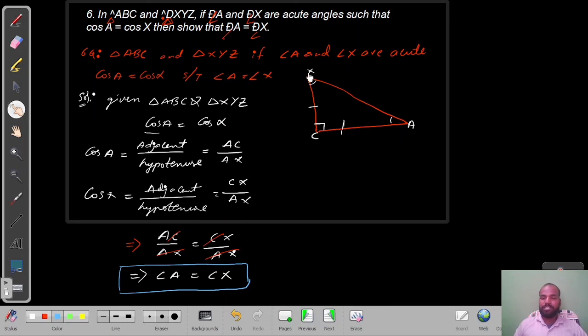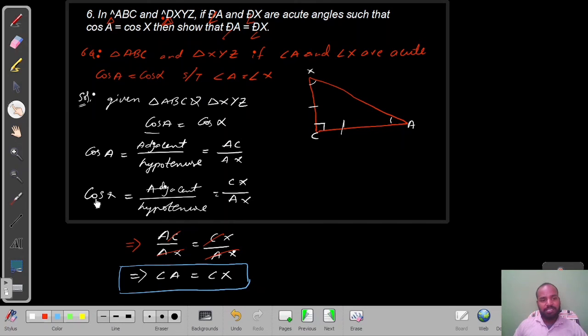So I bring the sides here. What is adjacent for cos A? Adjacent is AC by hypotenuse AX. Next, cos X. What is adjacent here? Adjacent is CX by hypotenuse, sorry, hypotenuse is AX.